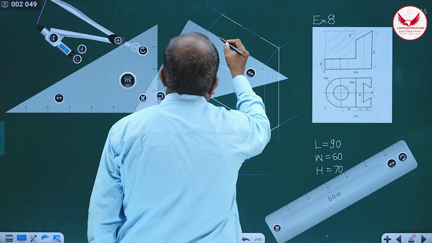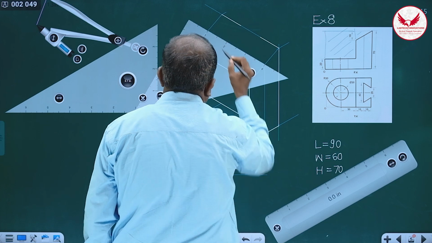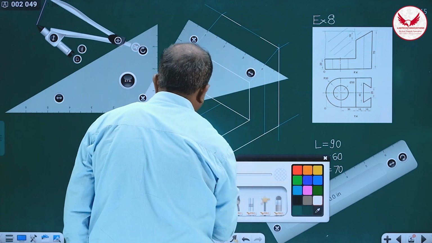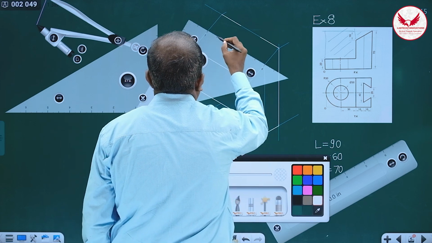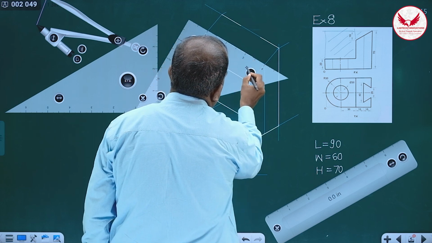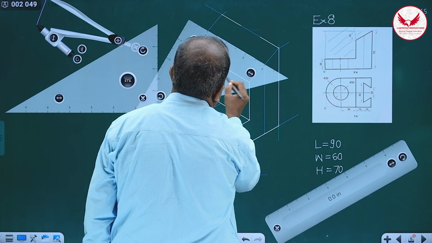Means 10 we have to leave, then automatically this internal distance is going to be, by leaving 10, 40 we have to take. On both sides we have to leave 10.